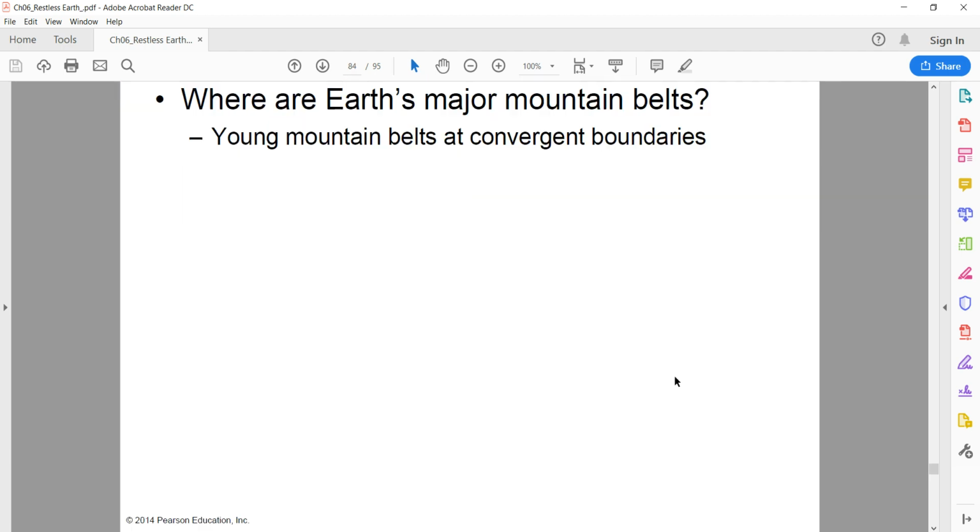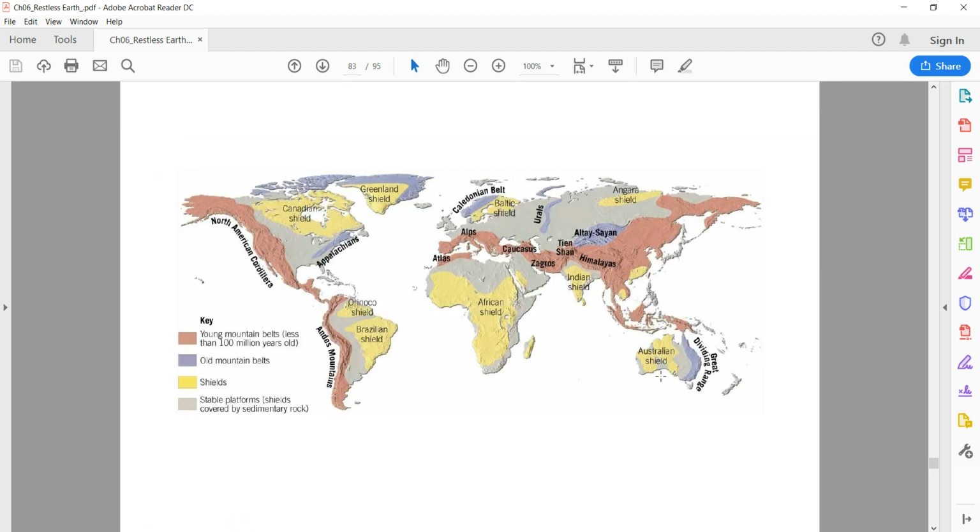We can divide these mountains into three different unique systems. The North American Cordillera is one kind of special geological process that leads to the formation of this chain of mountains along the west coast of the North American plate.